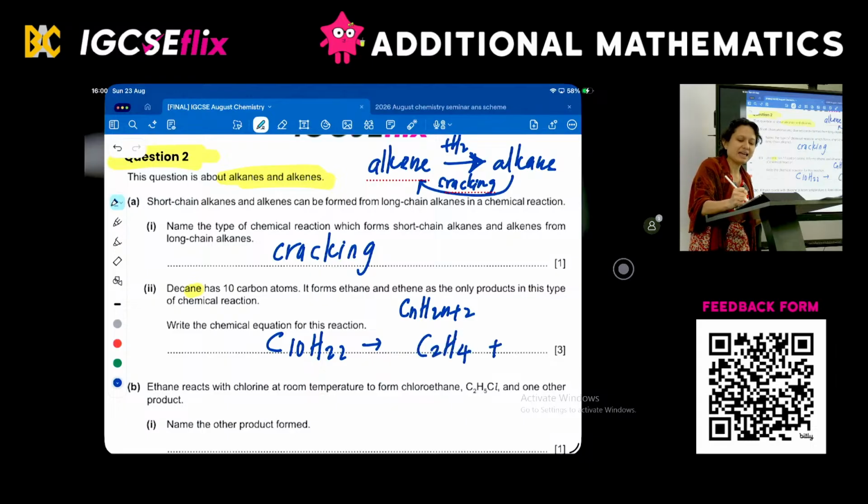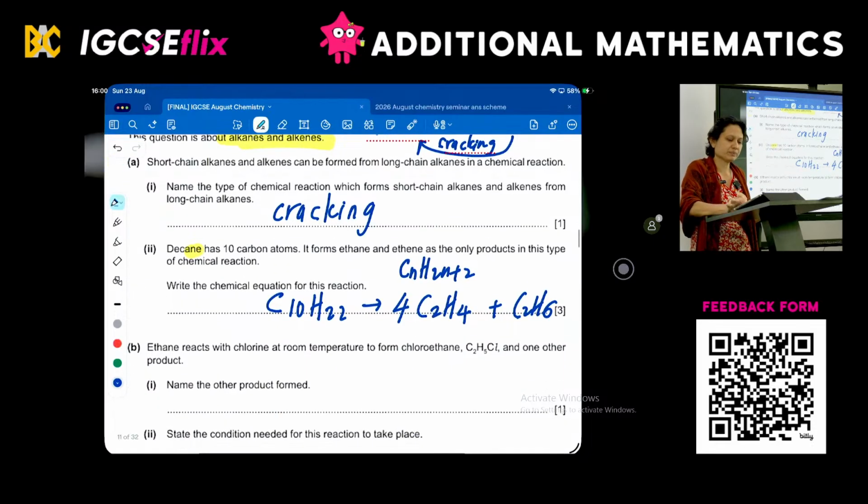It forms ethene and ethane. So you just need to balance the equation: 4 times 2 is 8, 8 plus 2 is 10.